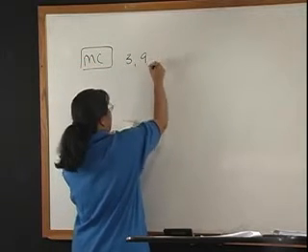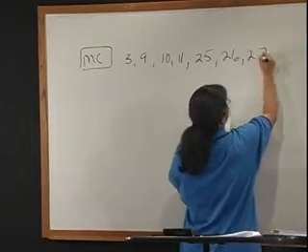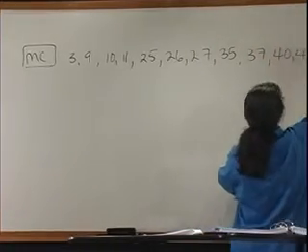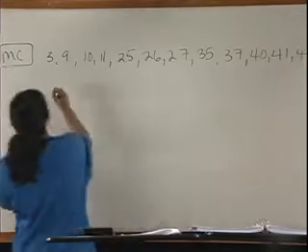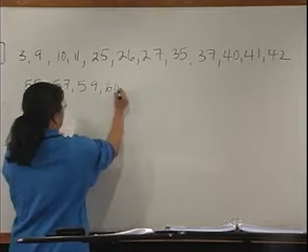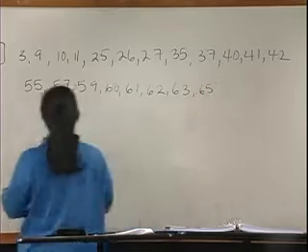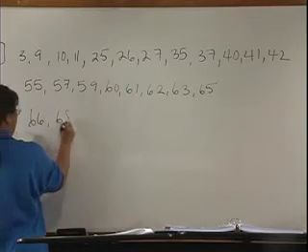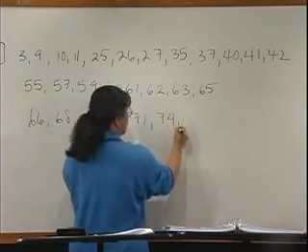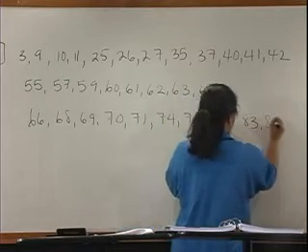Numbers 3, 9, 10, 11, 25, 26, 27, 35, 37, 40, 41, 42, 55, 57, 59, 60, 61, 62, 63, and 65, 66, 68, 69, 70, 71, 74, 75, 76, 83, and 84.